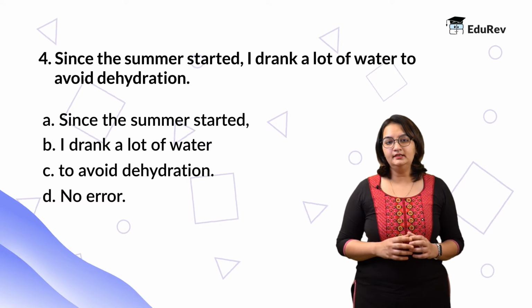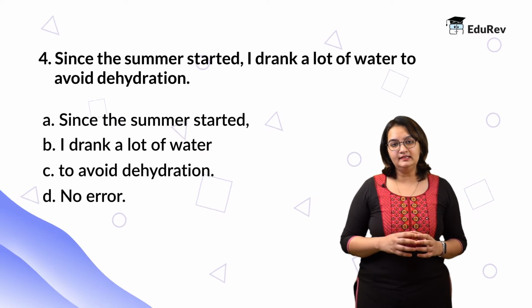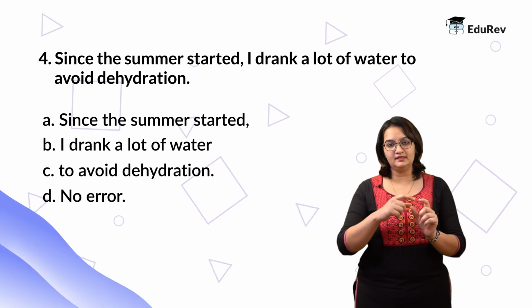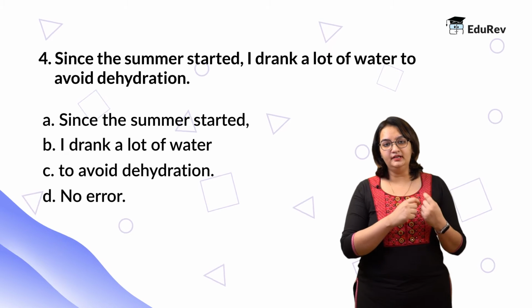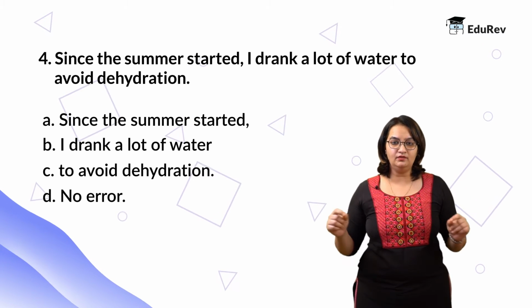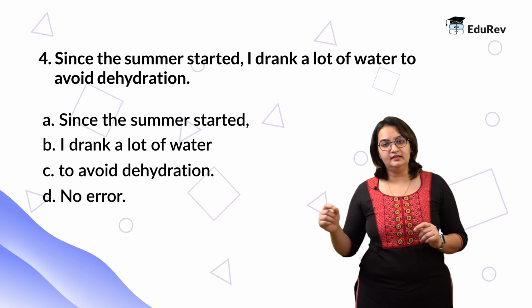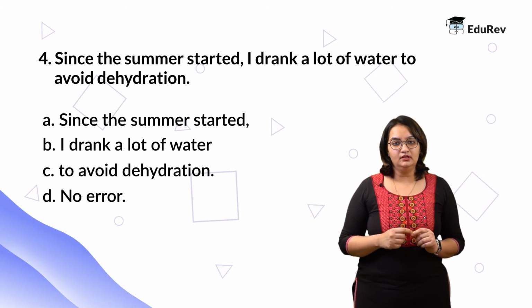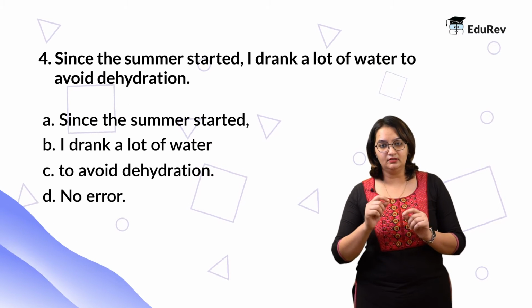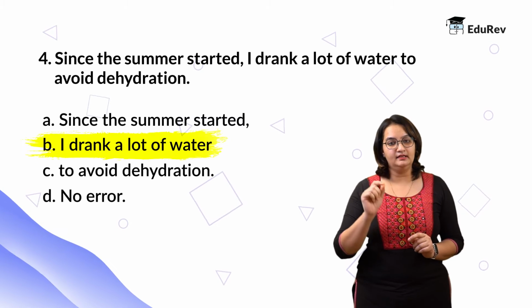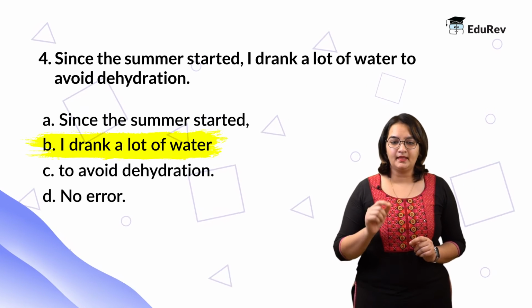So here in this particular statement, we see that we have used since, which is telling us that something has been happening since a point in past and it is probably still continuing, because the rest of the sentence is giving an indication that the summer is still going on, and therefore we have to change this particular tense in the second part of the statement. The error lies in part B of the sentence.